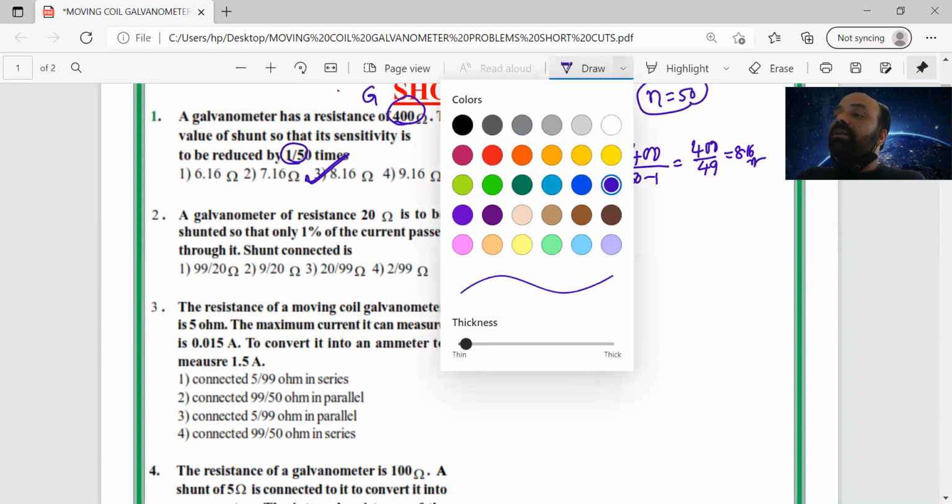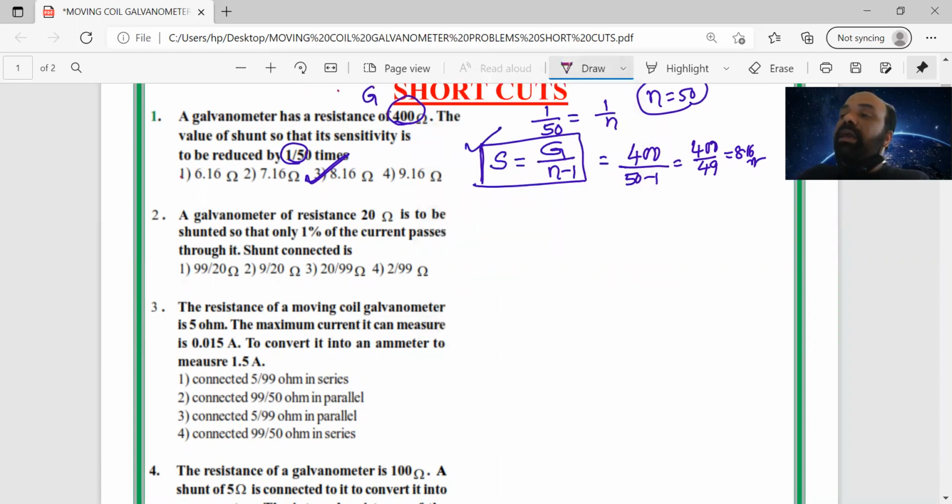In the second one, again the galvanometer resistance is given, it is G. 1% of the current means 1% is 1 by 100, and you compare that with 1 by n. So n value is 100.